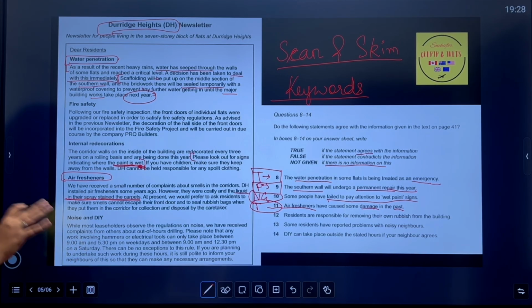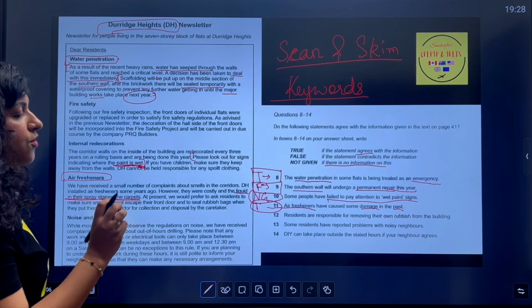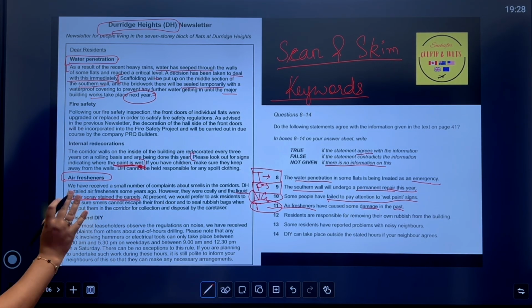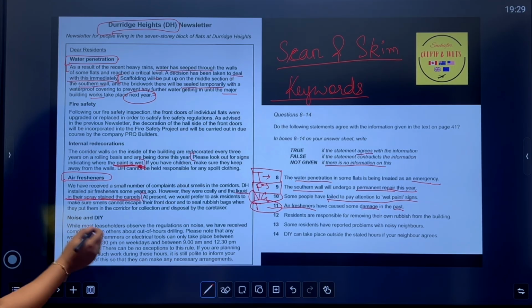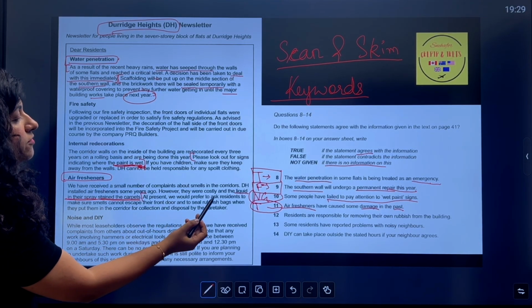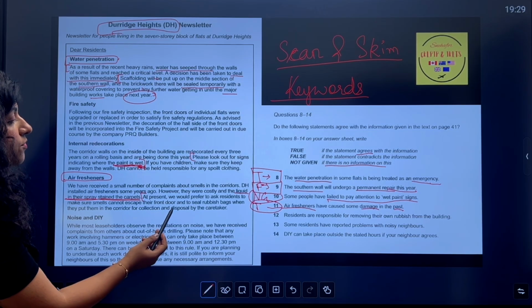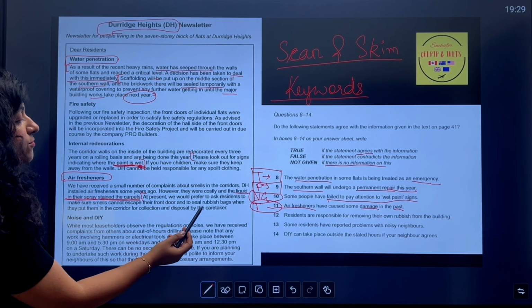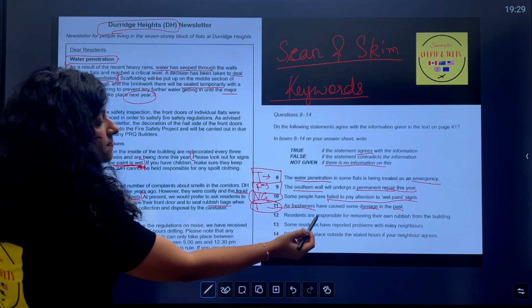So now we come to the next question, question number 12. Residents are responsible for removing their own rubbish from the building. Now I start reading from here. At present, we would prefer to ask residents to make sure smells cannot escape their front door, and to seal rubbish bags. Yes, it talks about rubbish bags.